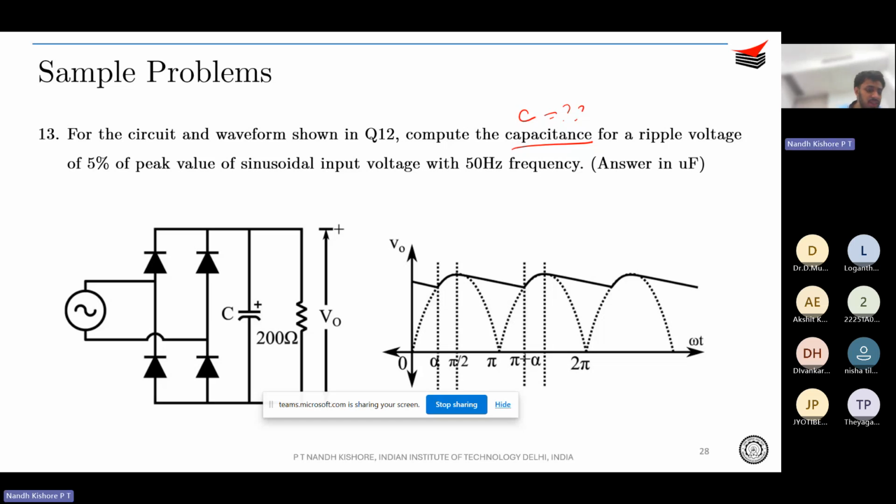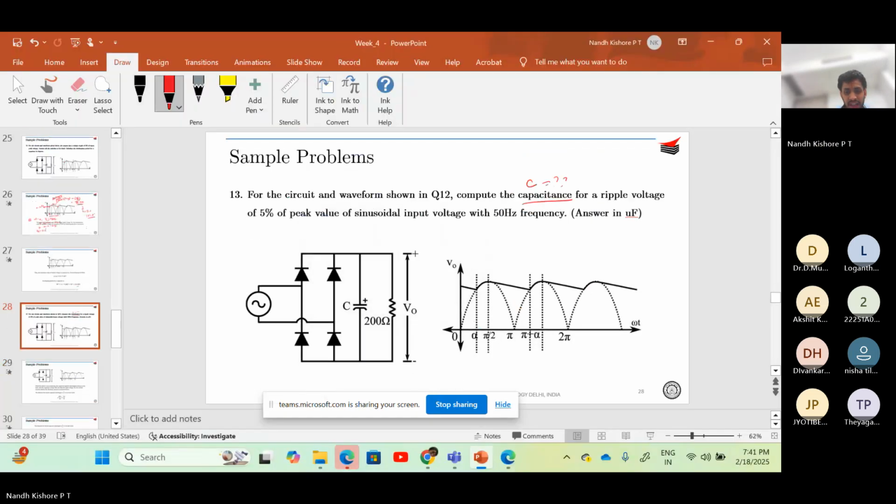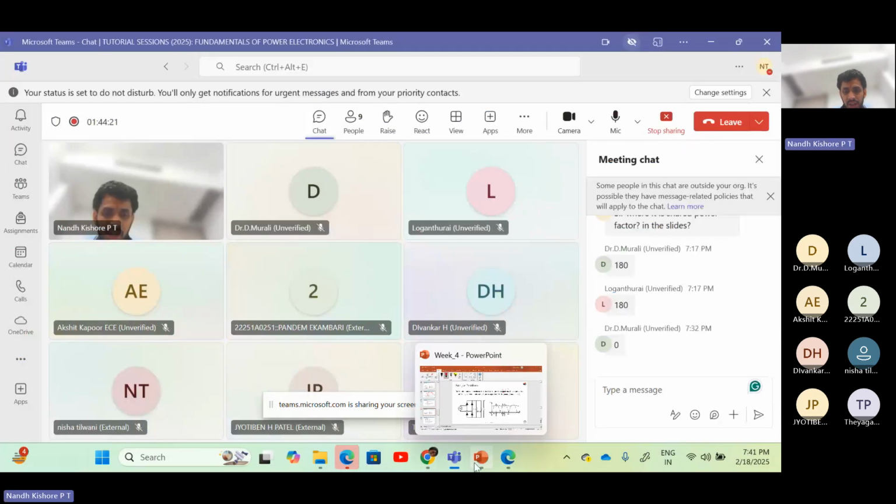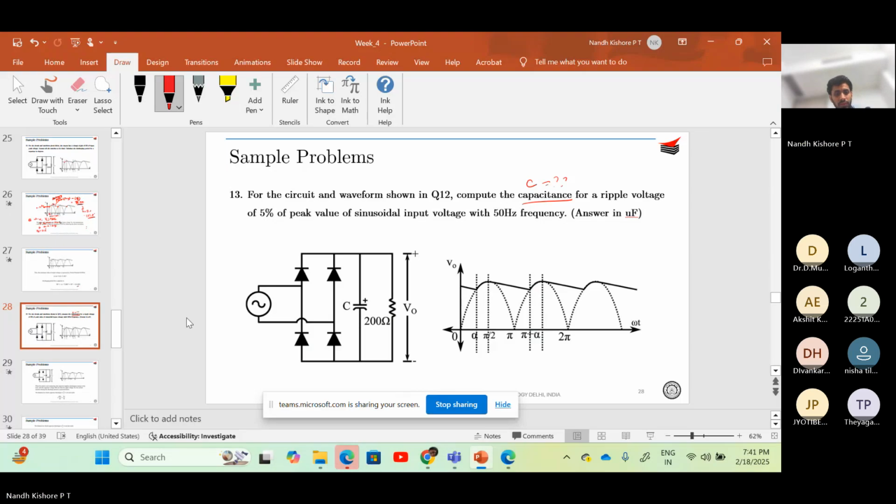Any hints, any hunches? How do I find out the value of capacitance over here? The hint is, you look at how the capacitor charges and how the capacitor discharges. From that itself, you can tell easily.